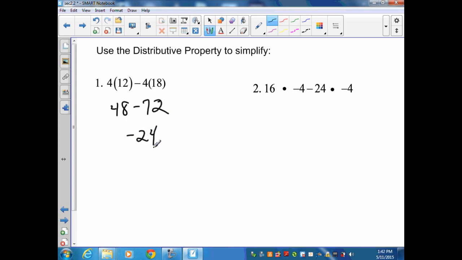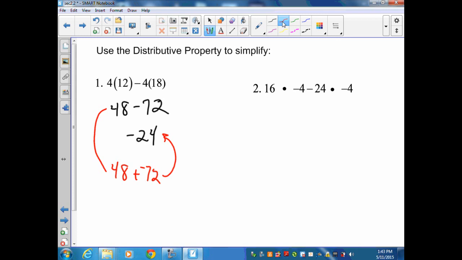Now remember, we're going to subtract because this is a positive 48, this is a negative 72. And therefore, they're different signs. I'm going to subtract, and that gives me 24, but 72 is larger than 48, and it is negative. Or we also could write that as, if you need to do this step, 48 plus a negative 72. In each instance, my solution is going to come back to here. Positive, negative, different sign, subtract, use the sign of the larger.